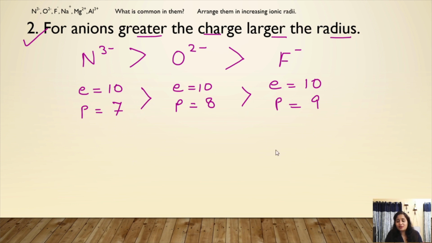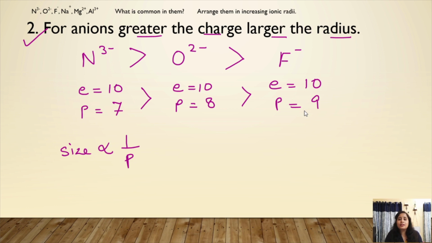See, so what rule do we put here? Again, size is inversely proportional to protons. As the protons are less, size will be large. As the protons increase, size decreases. Proton increase, size decrease. This rule is what we are going to apply here.